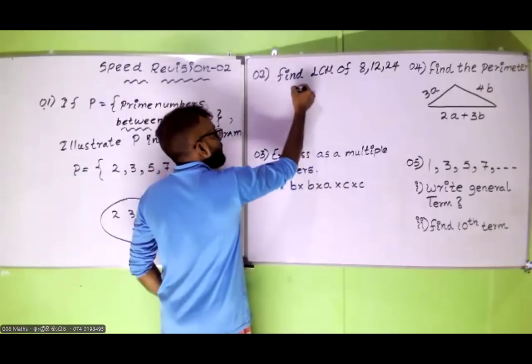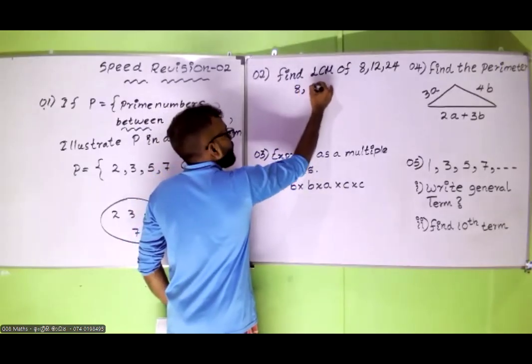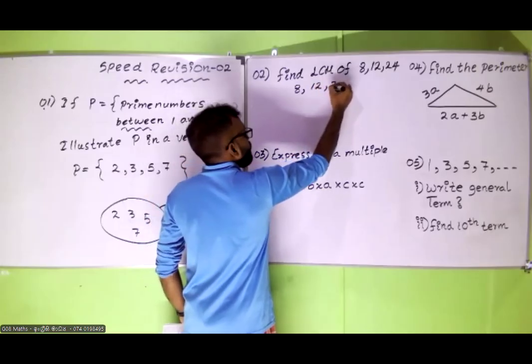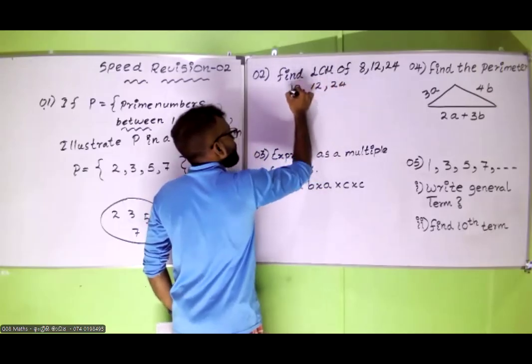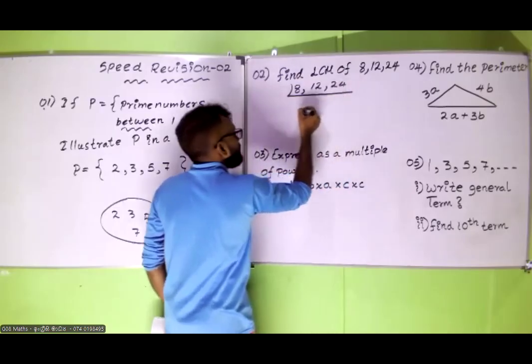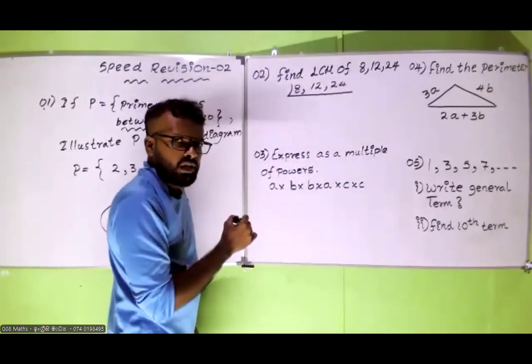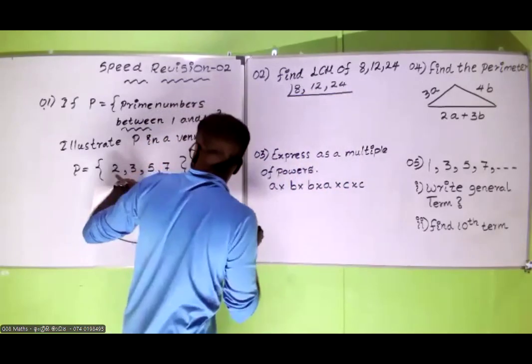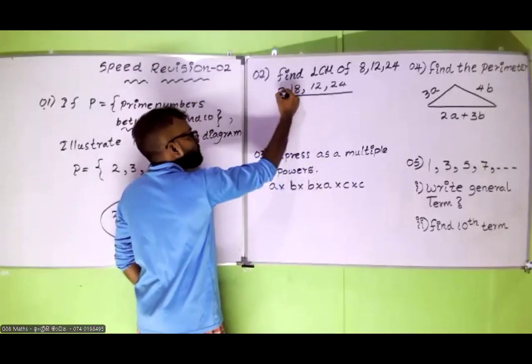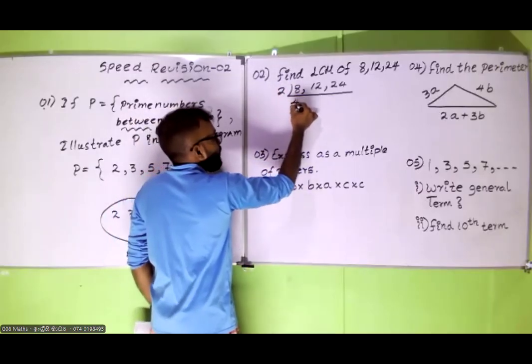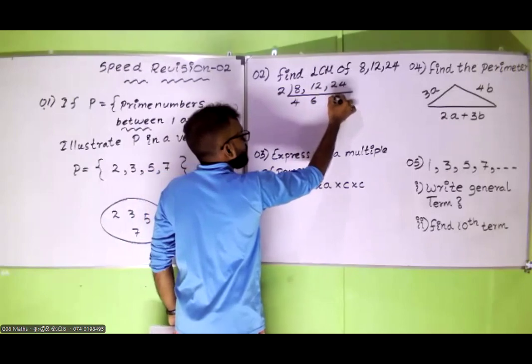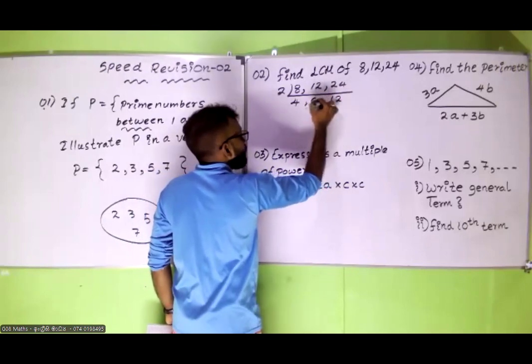So I can write 8, 12, 24 divided by the smallest prime number, 2. Super. Right? 2 times 4, 8, 2 times 6, 12, 2 times 12, 24.